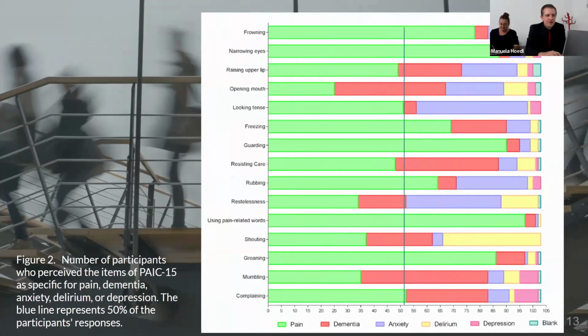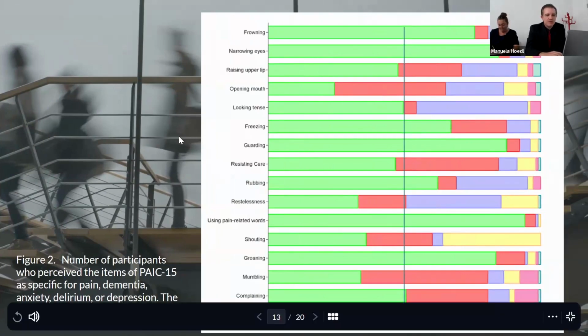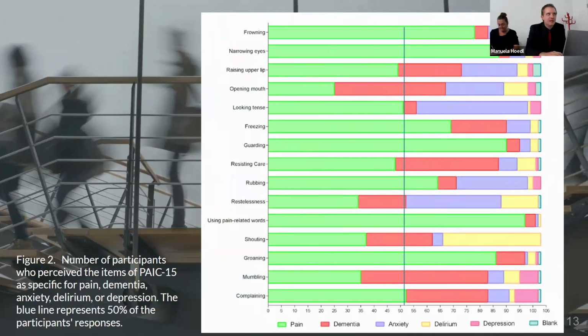The second graphic shows the number of participants who perceive the items of PAIC 15 as specific for pain, dementia, anxiety, delirium, depression, or other conditions. And the blue line represents 50% of the participants' responses.